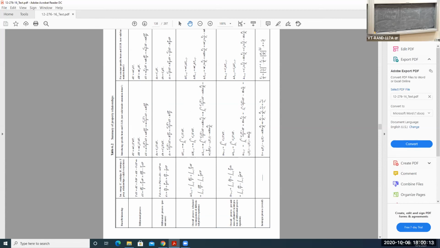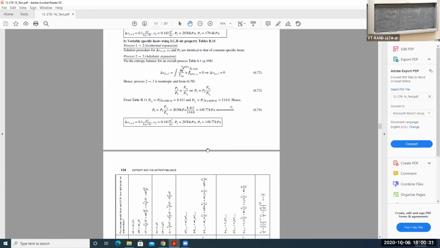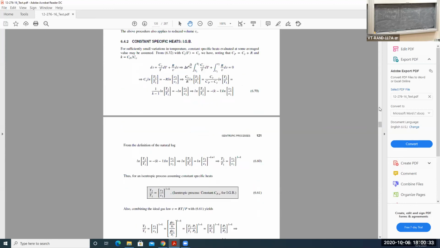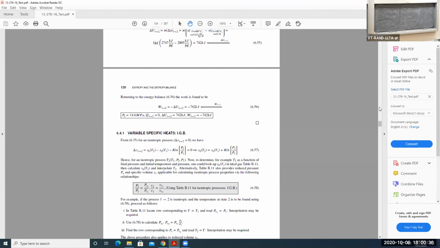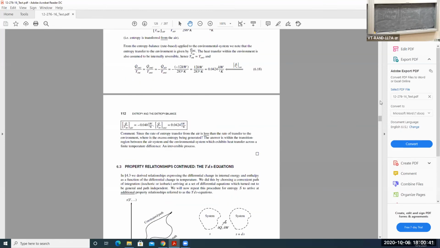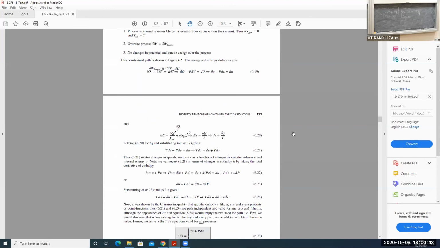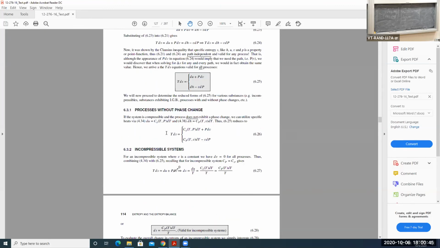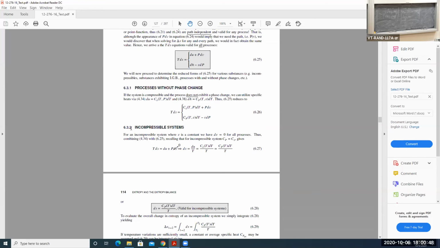So if you're dealing with ideal gas and you don't know what to do, or you're dealing with some sort of general situation, you can go to this table and attempt to figure out how to calculate delta S. And again, recall that we went over calculating delta S for incompressibles. That section is section 6.3.2.